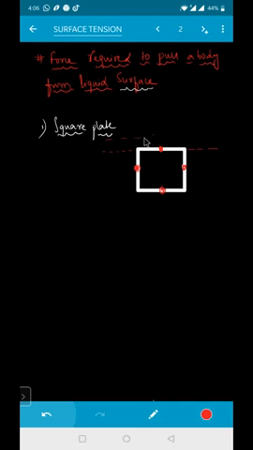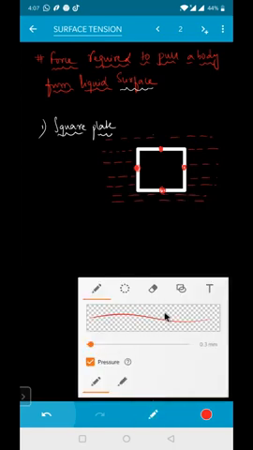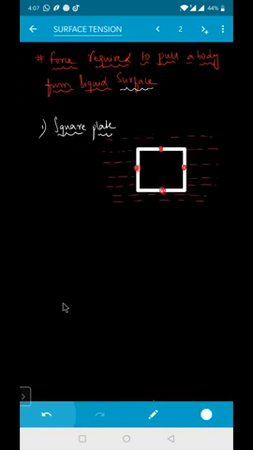There is completely water like this, and the middle one is completely solid, because we are talking about a square plate. Square plate means this one is totally solid, like this.